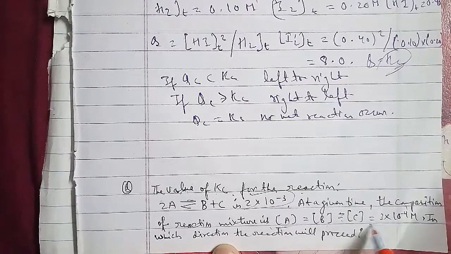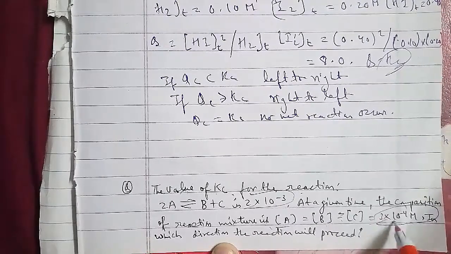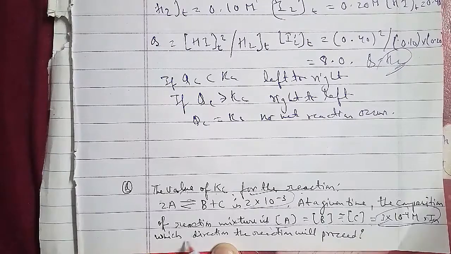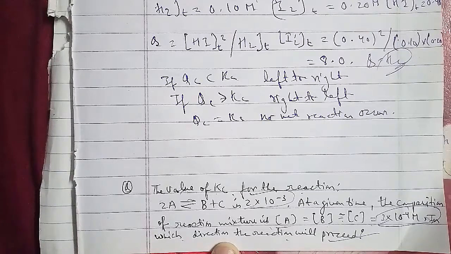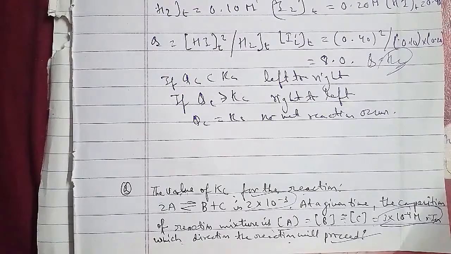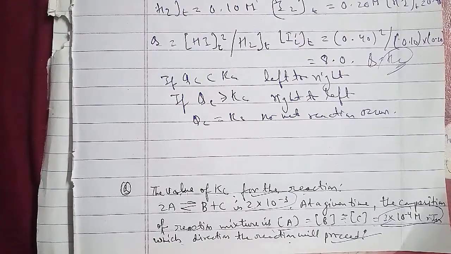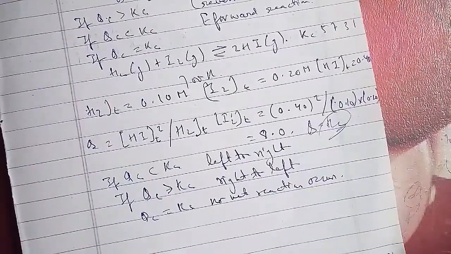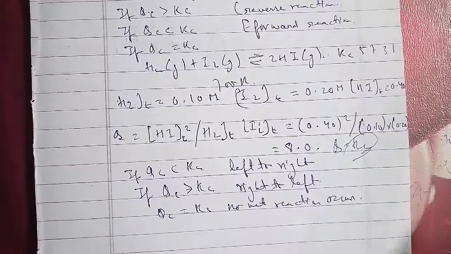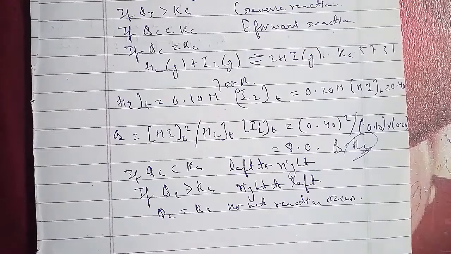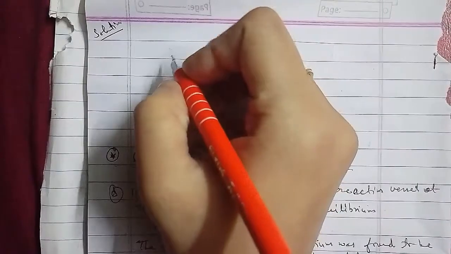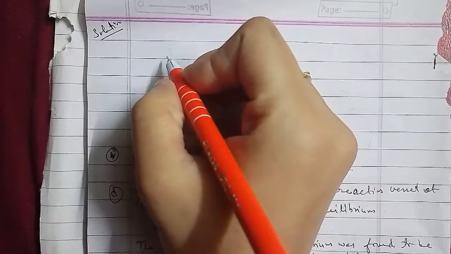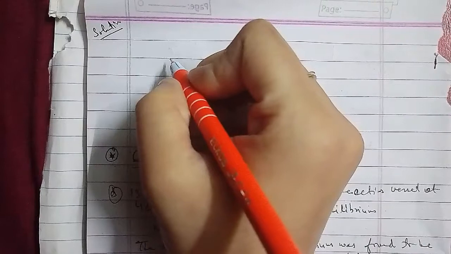We'll put in the values: A equals B equals C equals 3 into 10 to the power minus 4 mole. So for the quotient Q we get 3 into 10 to the power minus 4 multiplied by 3 into 10 to the power minus 4, divided by 3 into 10 to the power minus 4 whole square.